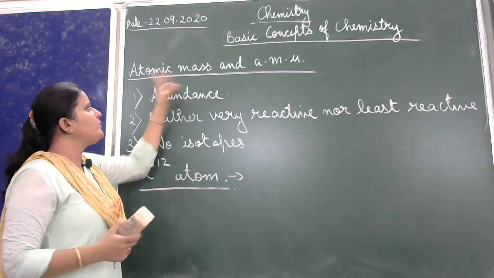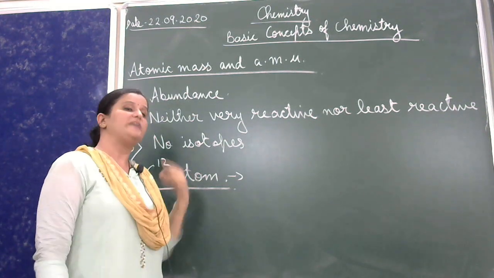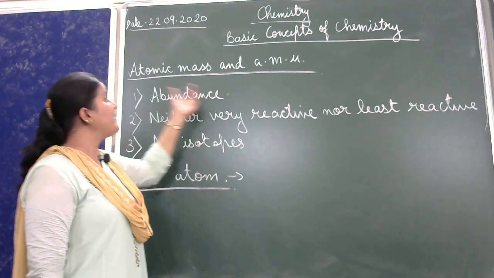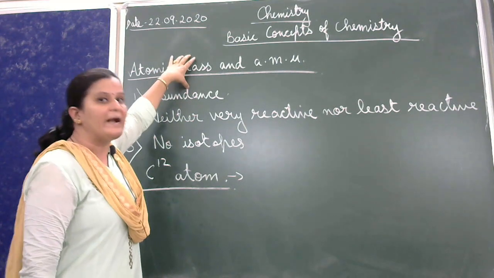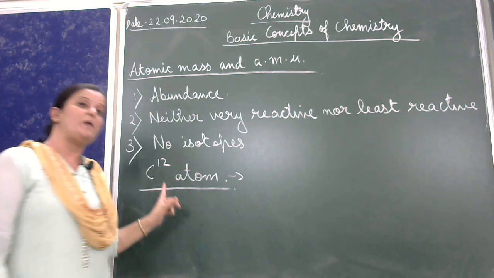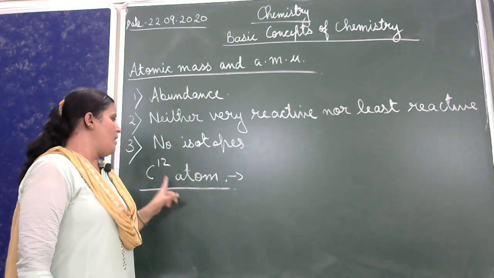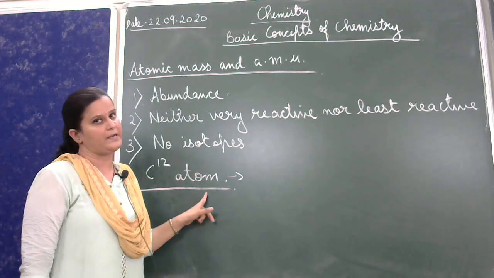I will say the atomic mass of an element is a relative number which denotes how many times this particular atom is heavier than 1/12 the mass of a carbon atom, the carbon 12 atom.